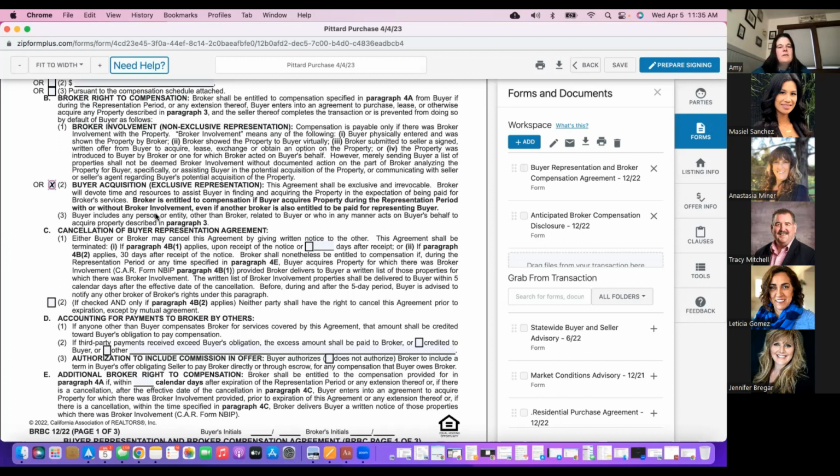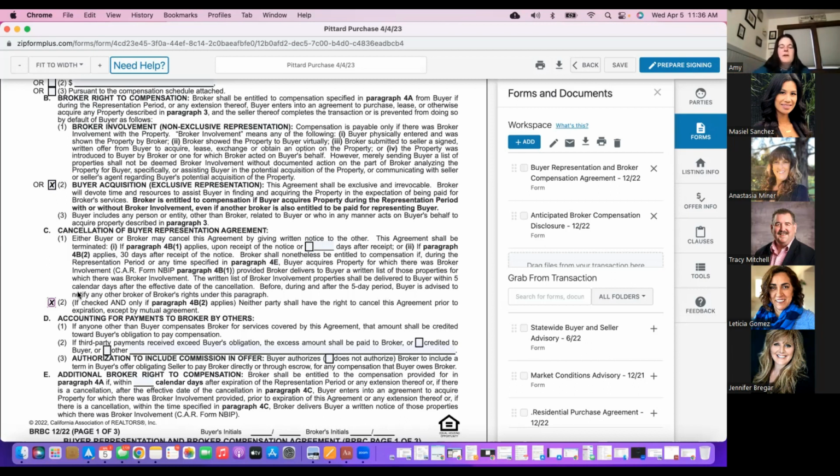And if checked, only paragraph 4B2 applies. Neither party shall have the right to cancel this agreement prior to expiration except by mutual agreement. So if this was me and I was filling this out for my buyer, I would check this B2, and then I would also check C2, which means that cancellation happens by mutual agreement. The buyer has to communicate with me that they want to cancel. We have a chance to talk about it, and then we both agree to cancel.